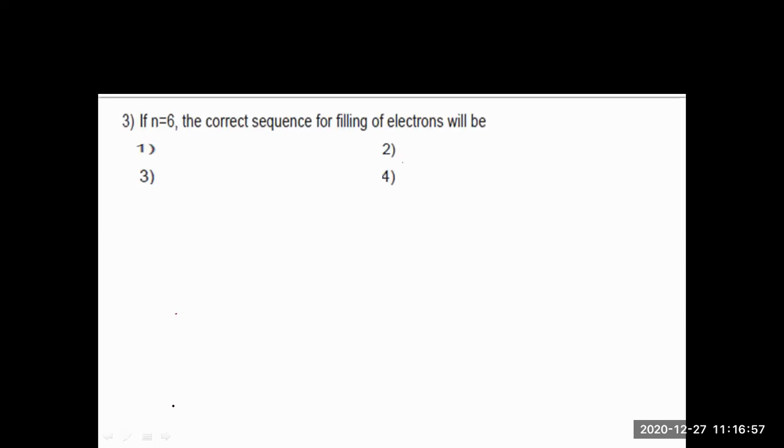Third, if n is equal to 6, the correct sequence for filling of electrons will be. This I told you, Aufbau principle. 1s2, 2s2, 2p6. Option 2, sir. Because from 6 onwards, f also starts filling.